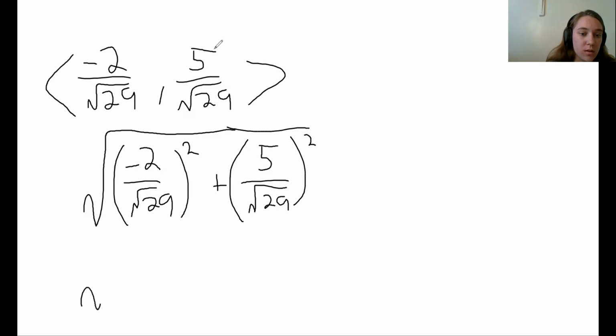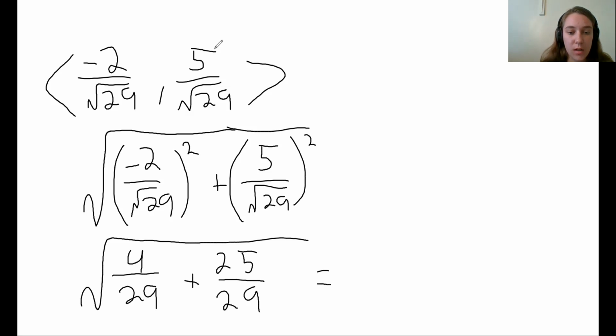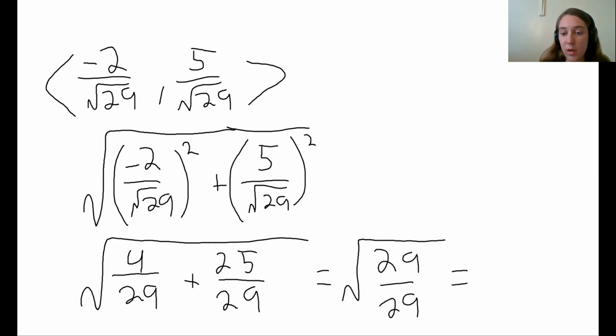So -2 squared is going to be 4. Square root of 29 squared is going to be 29. Plus 5 squared is 25. Square root of 29 squared is 29. Both have the same denominator. 4 plus 25 is 29 over 29. 29 over 29 is just 1. Square root of 1 is 1.